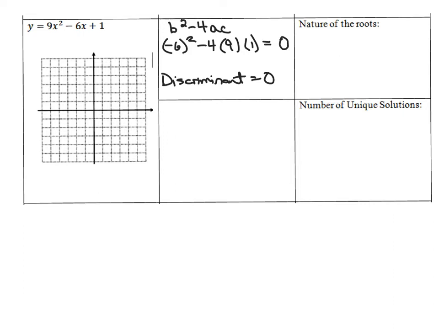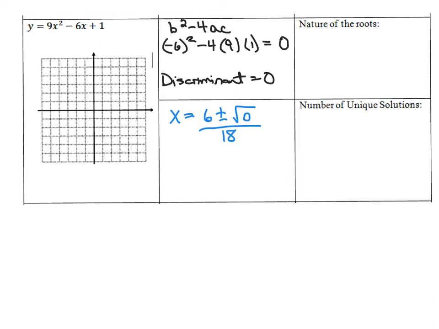Let's find the roots first of all, and I'm going to continue on with my quadratic formula. So I'm going to say x is equal to the negative of b, so negative of negative 6 is positive 6, plus or minus the square root of 0, all over 2 times 9, which is 18.